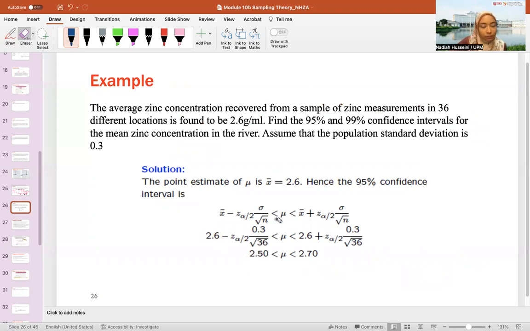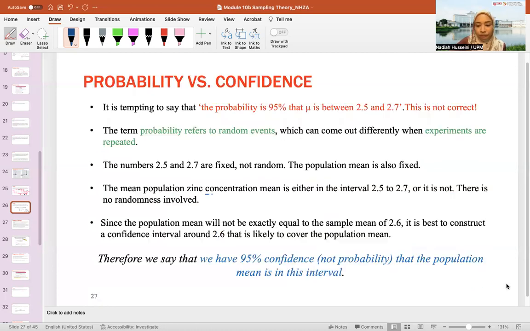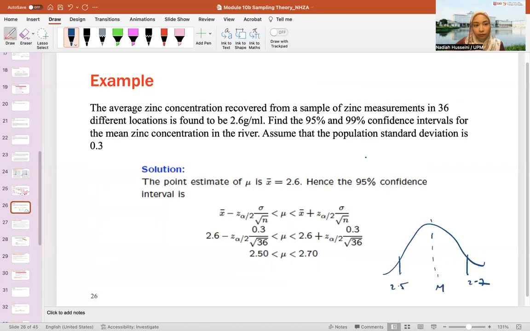It is very tempting to say that there is a 95% probability that the population mean is between these two values, because when we try to draw it, this is how we're drawing it. So this is our 2.5 and this is our 2.7, for example, and we are referring to the 95% confidence interval in this section.